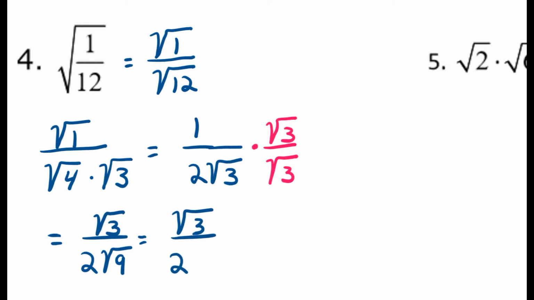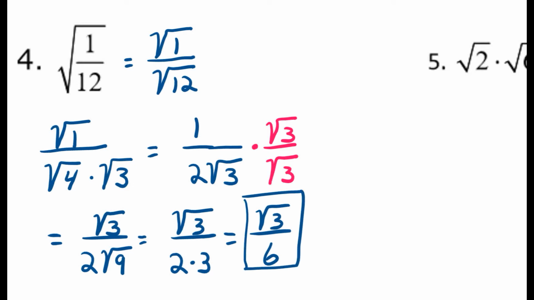The square root of 9 is 3, and when it comes out, it gets multiplied by the 2 that is already outside of the radical. So my final answer would be the square root of 3 over 6. As a reminder, remember not to try to simplify one number that's in a radical with a number that's not in a radical. So we cannot simplify the square root of 3 over 6 any further.